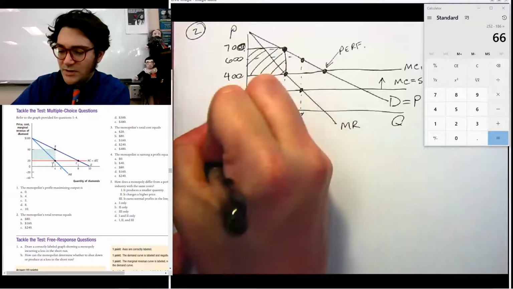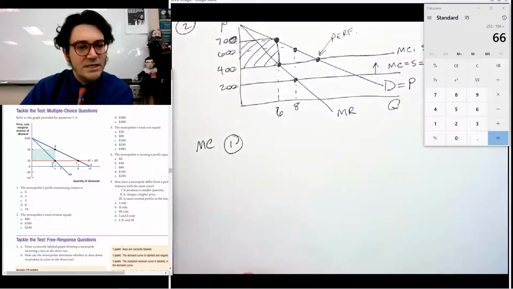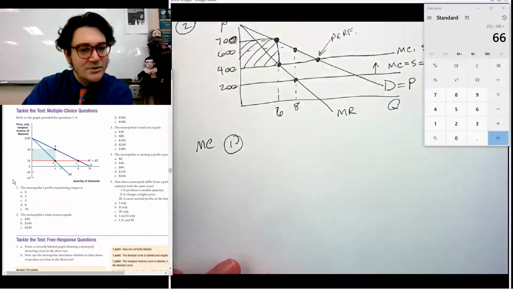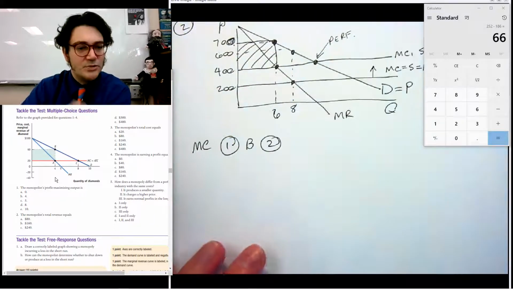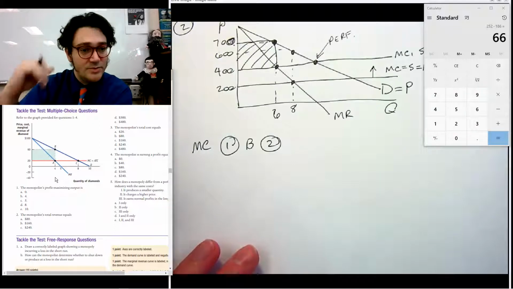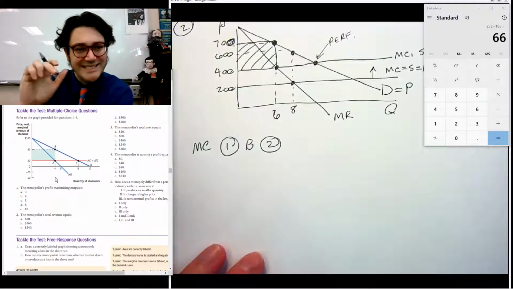I hope so. Number 1 says the monopolist profit maximizing output, MR equals MC. It occurs at point A, so the output level for that looks like 4. So that's B. Number 2 says the monopolist total revenue, so it's whatever the price is times the quantity. We know the quantity is 4, and the price at point B is 60.